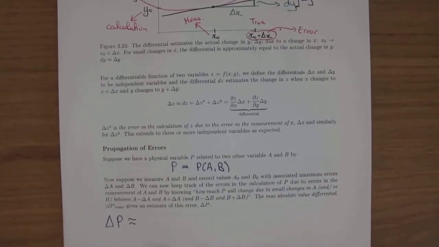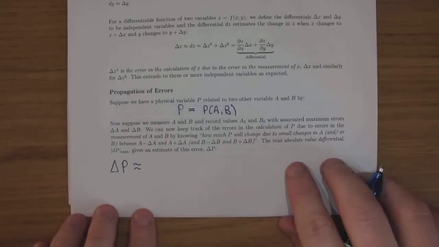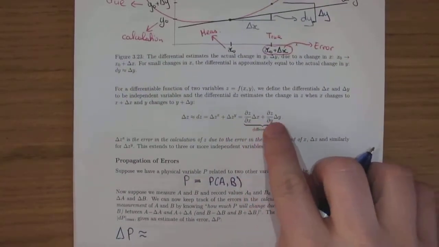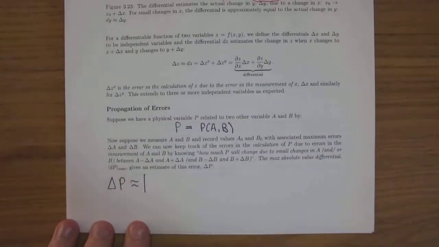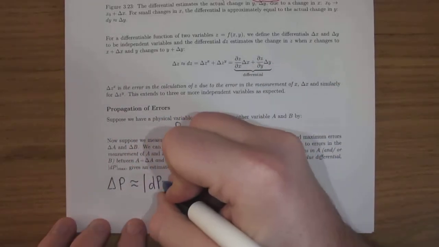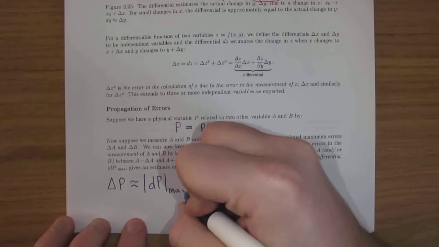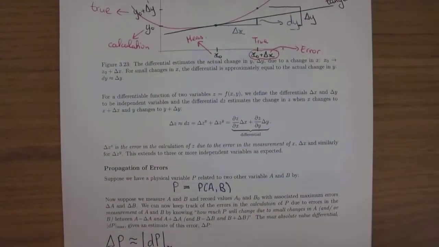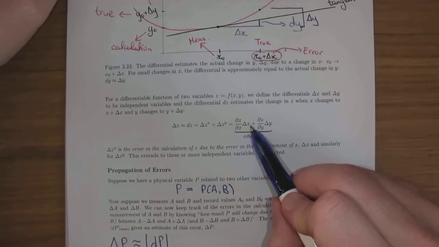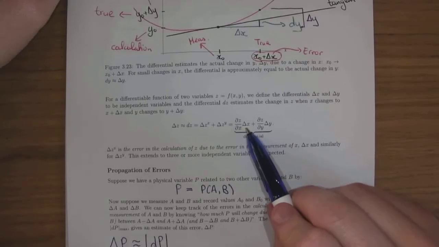So rather than this change, we're going to take the absolute value, so it'll be dP, and we're going to take the max. How we do the max is we just make it the worst case possible. The error actually could be anything from minus the maximum error to plus the maximum error.